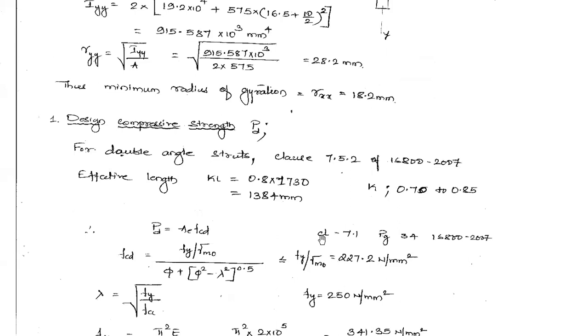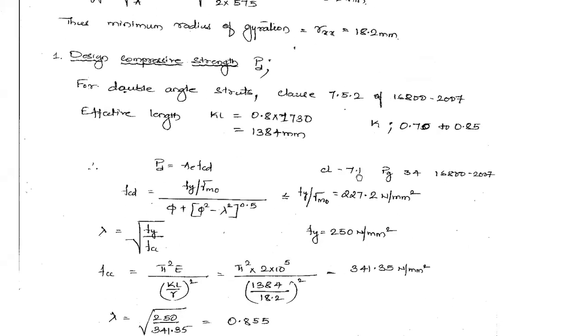Taking this least radius of gyration, you need to find out the slenderness ratio. Effective length, I have taken 0.8 times the unsupported length here. Even if you take this 1730 also fine, it is the center to center distance between the connections. Don't worry about this factor I have considered.